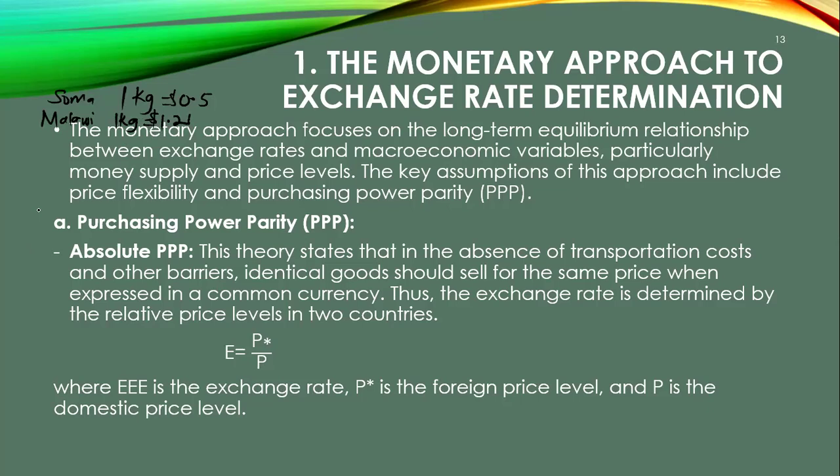Then also when you try to relate to Uganda, 1 kg is equivalent to 3,600 to 3,700 Ugandan shillings, which is approximately $1. So what do we mean? 1 kilo of sugar is $1.5 in Somaliland.